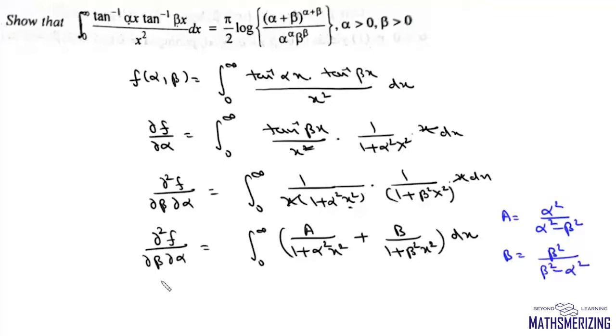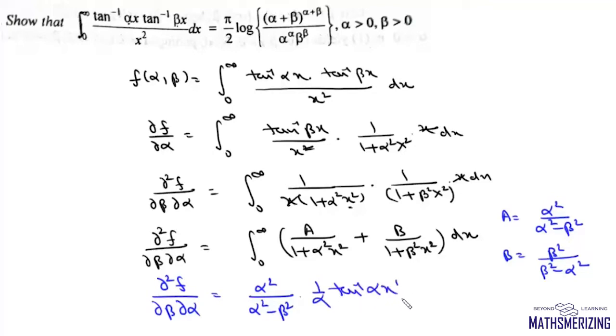So now we can write this as del square f upon del beta del alpha, and it'll be this a, which is alpha square upon alpha square minus beta square into 1 upon alpha tan inverse alpha x from 0 to infinity, and then plus beta square upon beta square minus alpha square into 1 upon beta tan inverse beta x from 0 to infinity.